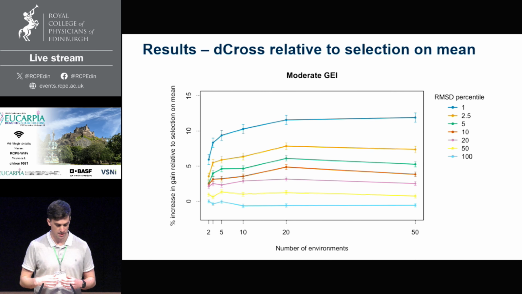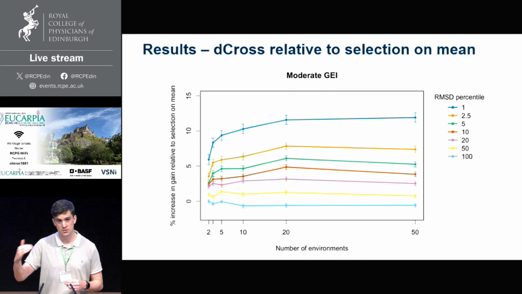On the x-axis, I've got the number of environments, and each line is representing what is our target for stability. And so if I'm trying to create products that are in the top 1% for stability relative to the parental population, using this D-cross strategy will give you close to 10% more gain in the average performance across environments relative to if I just selected on the mean alone.